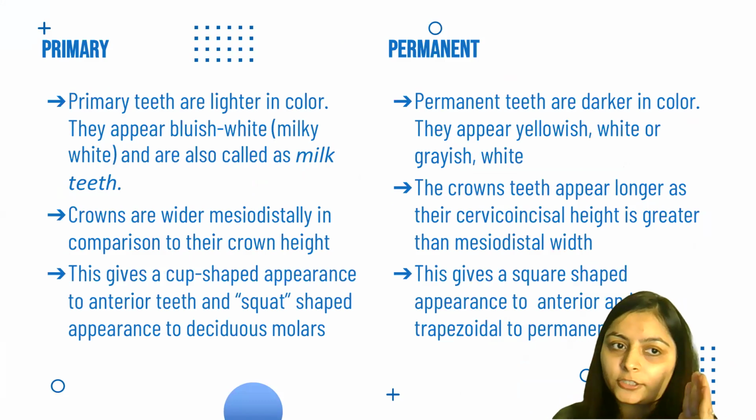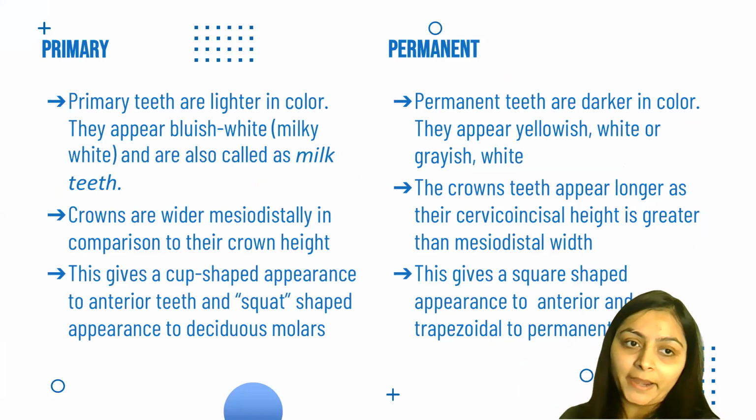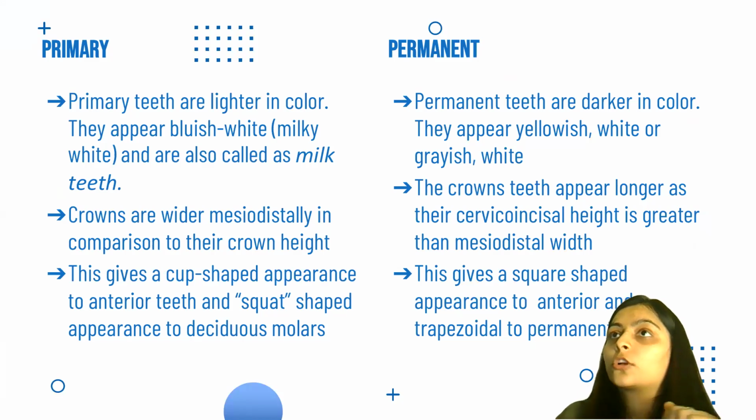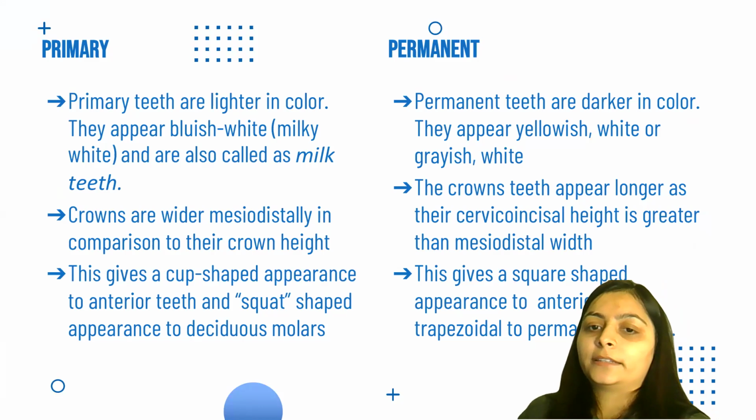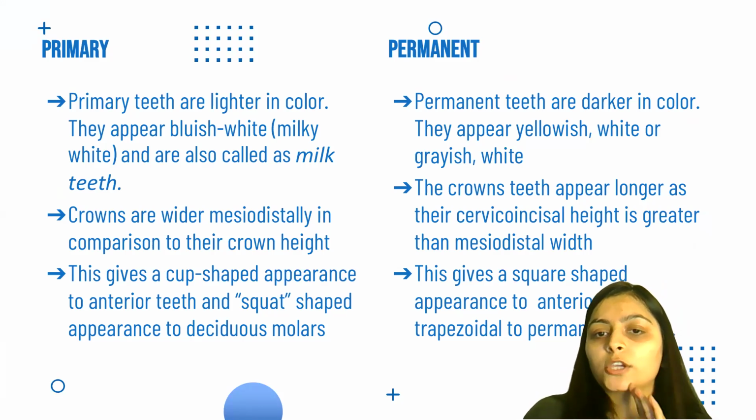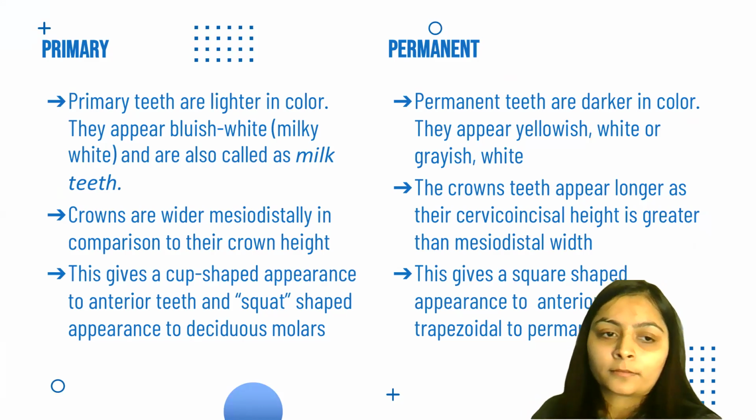Primary teeth are lighter in color, appearing bluish white, which is why they are also called milk teeth. Permanent teeth are darker in color and appear yellowish white or grayish white.